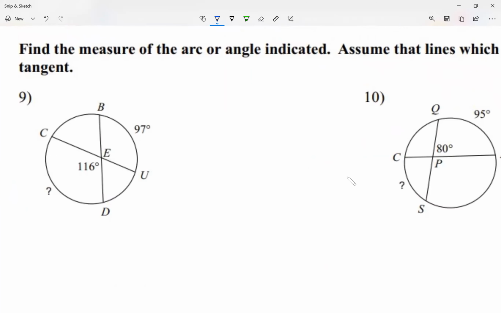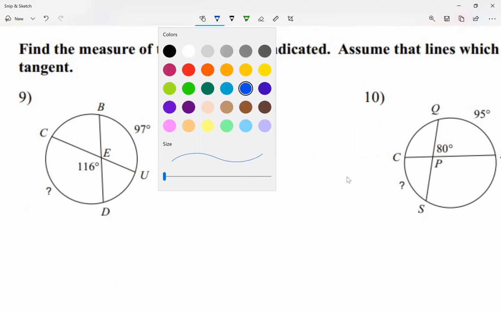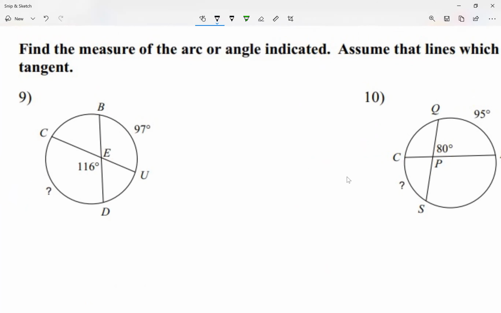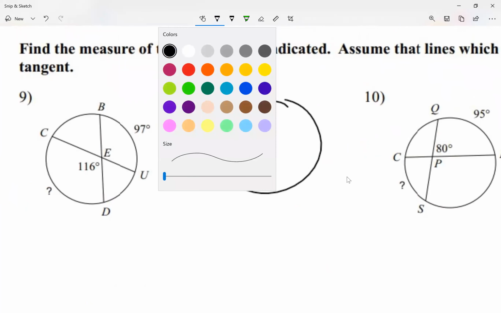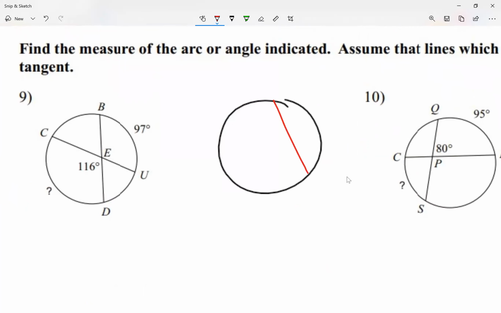We're going to be dealing with the angles inside of a circle. This is what I'm going to do. Okay, let's pretend this is a circle. And then I'm going to draw two arcs or two segments, not necessarily in the center. Interesting is that these two angles are equal.